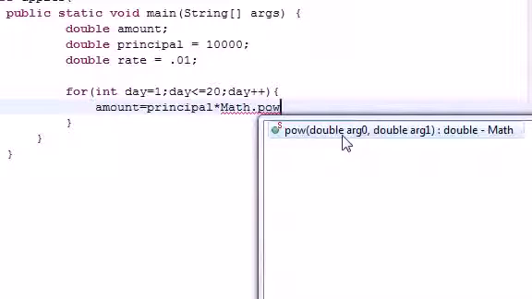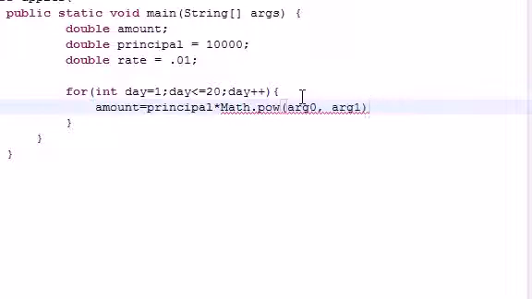You can see right here that it takes two arguments. The first argument is what's in the parentheses, and the second argument is the exponent.